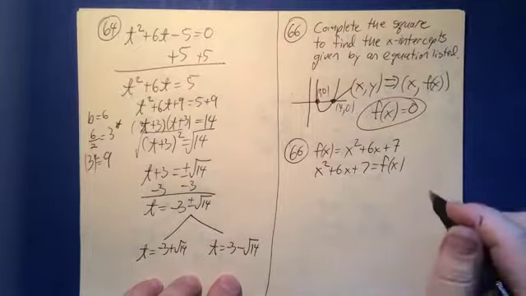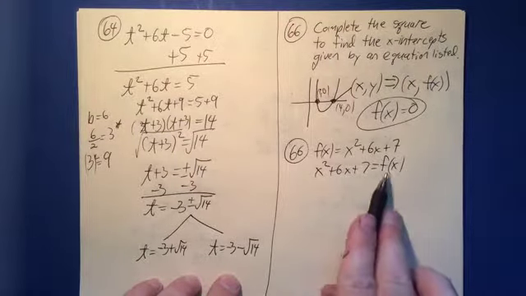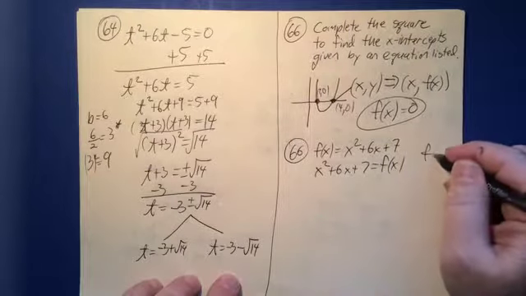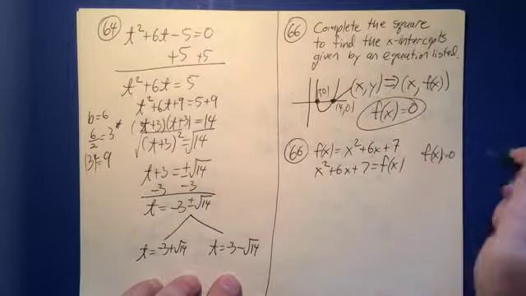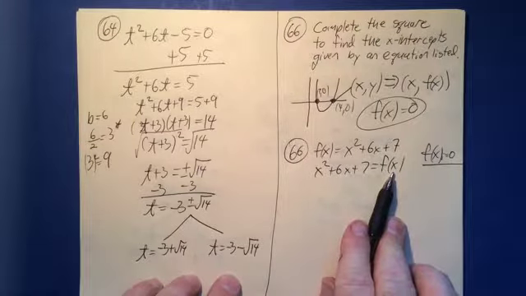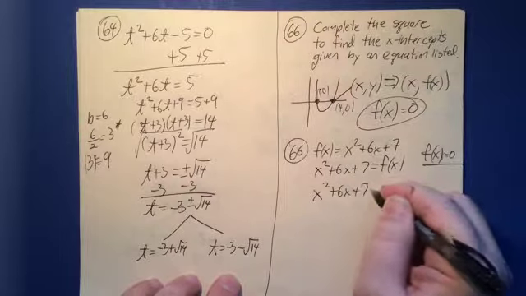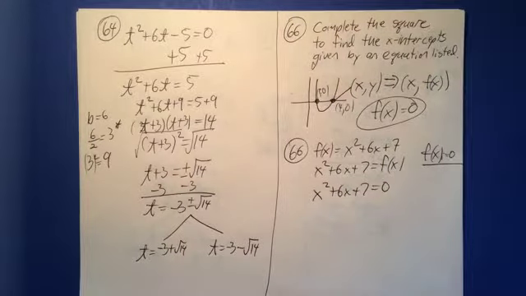As I mentioned, if we want to see where this crosses the x-axis, or what the x-intercept is, we're just going to let f(x) be equal to 0. Key point here, because if you leave this in the equation, it's going to be a mess. So x squared plus 6x plus 7 equals 0.